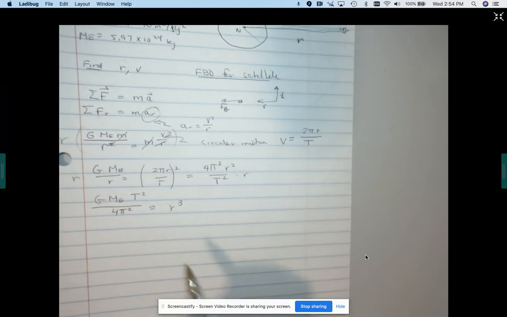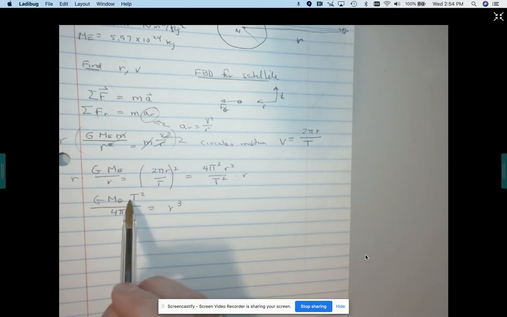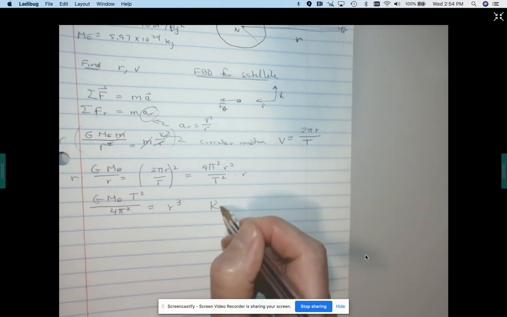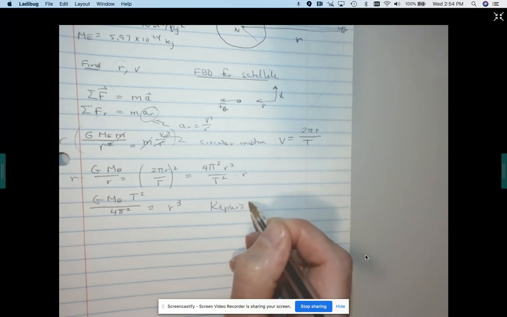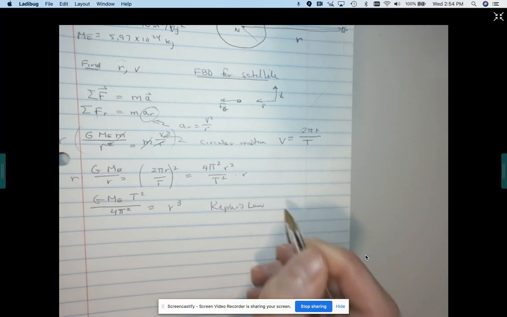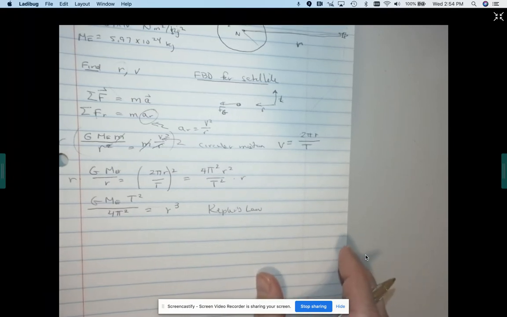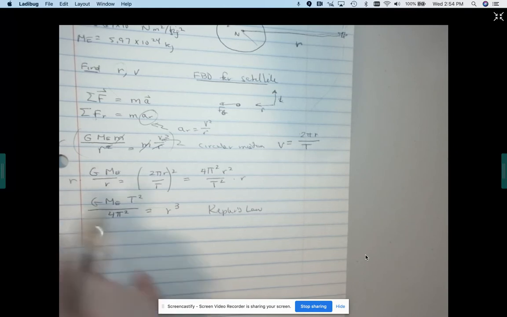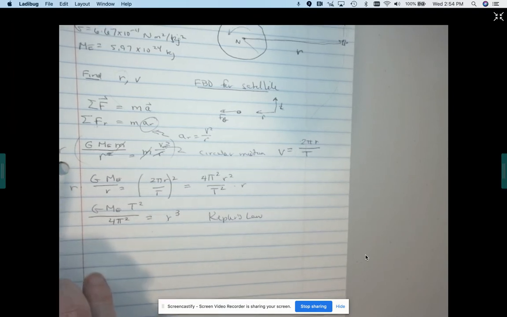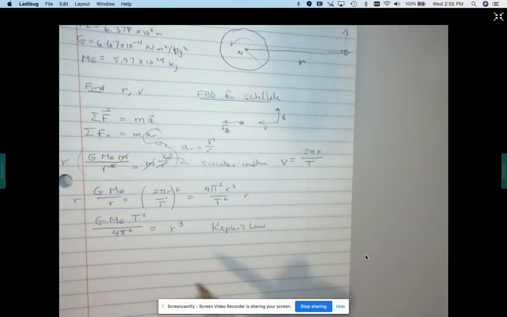So this basic relationship, period squared is proportional to the radius cubed, is known as one of Kepler's laws. I can't remember if it's the second or third law. Period squared is proportional to the distance cubed. He actually found this relationship for the planets orbiting the sun, but it's the same kind of problem, where you're orbiting a central object.